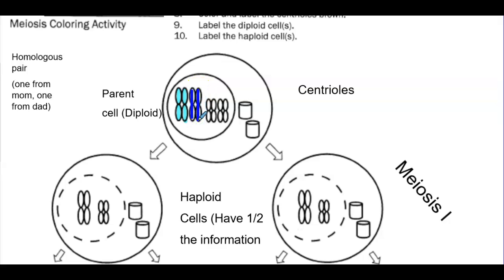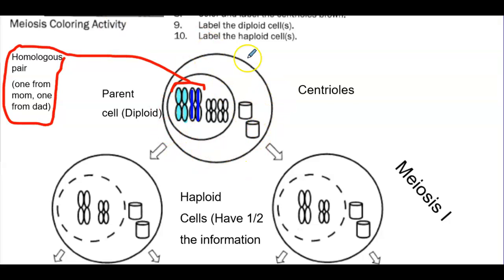All right. Now these guys, all these blue chromosomes here, so you have a light blue and a dark blue, they're the same size. They're going to have the same kind of information. Those are homologous pairs. And let's pretend this cell is in your body. The light blue color came from one parent.